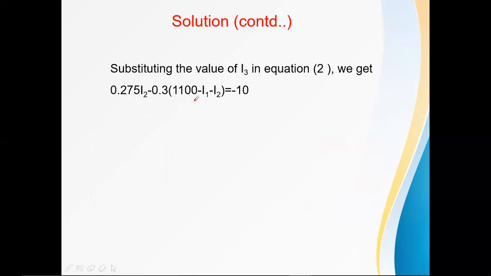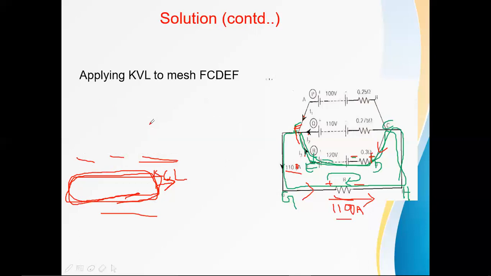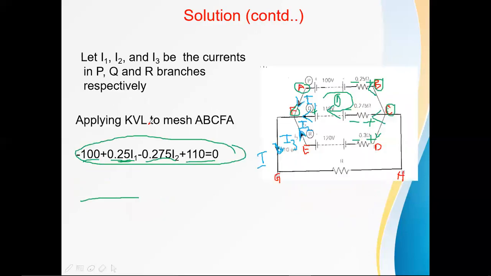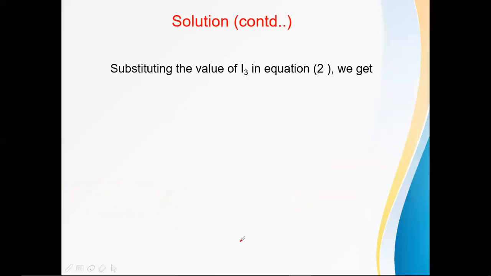Then all the values are in terms of I1 and I2. If you get all the values in I1 and I2 in the second equation, my first equation also has all the values in I1 and I2. Then if you solve equation 1 and equation 4, you will get one of the unknown values, either I1 or I2. Hope you got it.